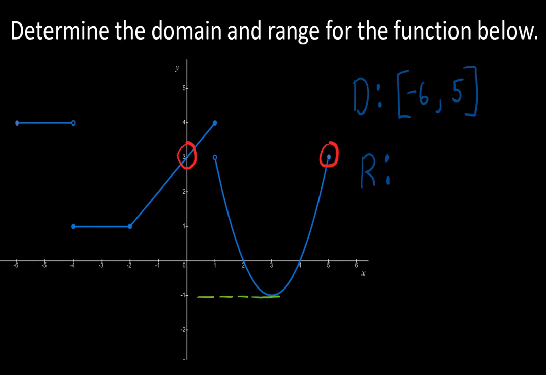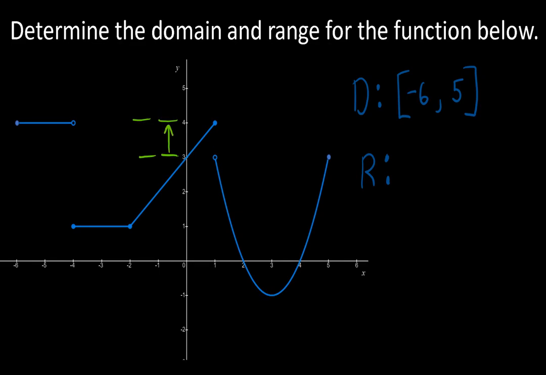But looking at other areas of my graph proves otherwise. As we can see, there are two other places on this graph that touch a height of +3. One here and one here. So 3 is included in my range.